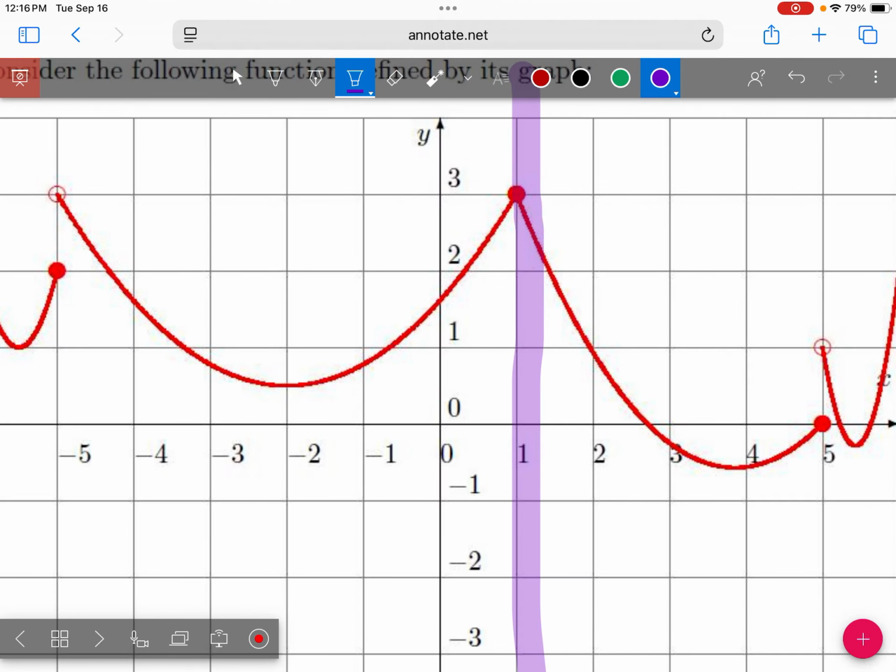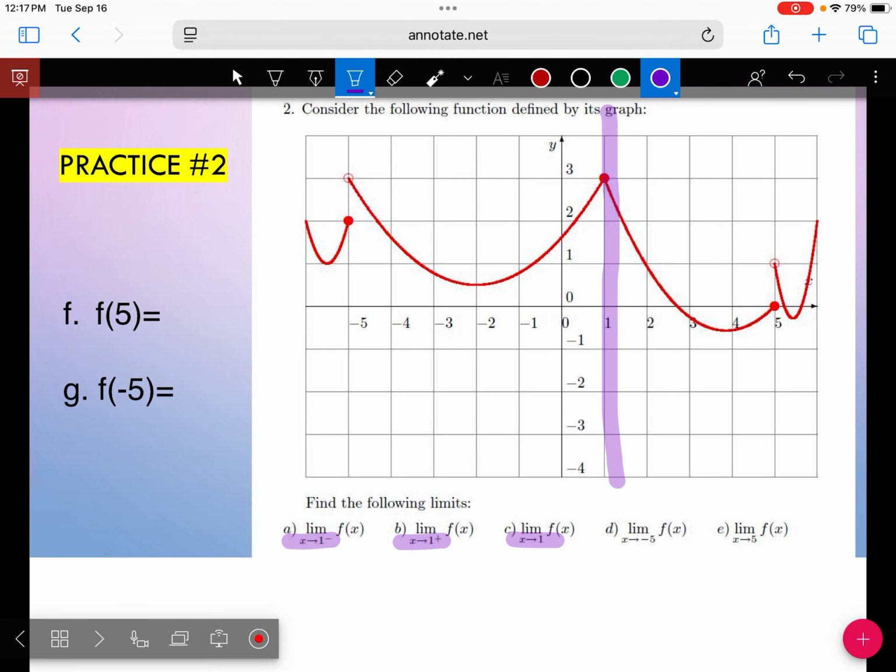It's continuous. Who agrees? Do we have an open circle there? Is it an infinite? Is it a removable? That means it's continuous. So what would be my limit at 1? 3. So you should put 3 for A, B, and C.